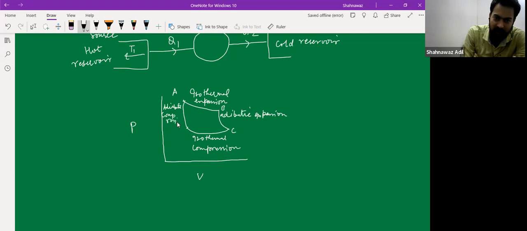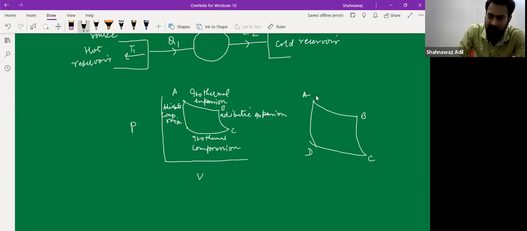Let me again draw this diagram, with this one and this one, and again this one and this one. So this is point A, this is point B, this is point C, and this is point D.